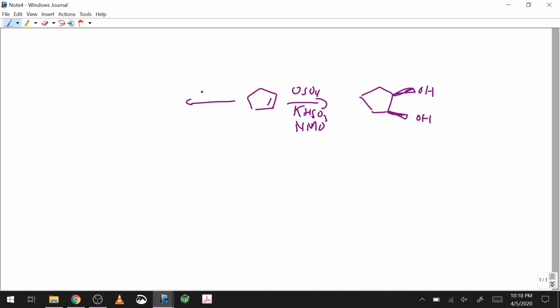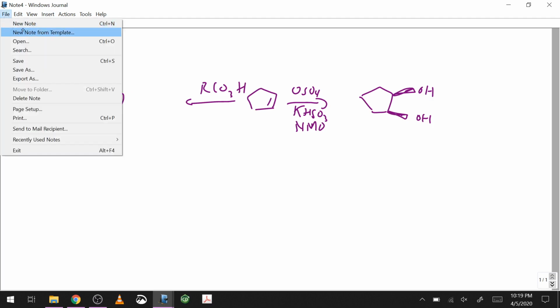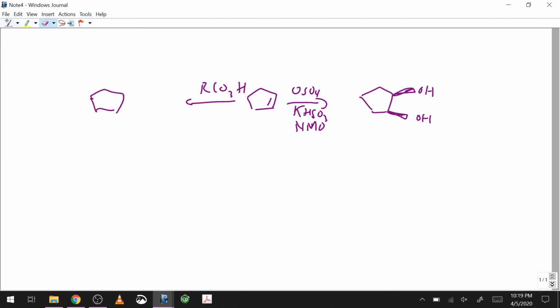If instead I make the epoxide with a peroxy acid, what I get is this. What I get is the epoxide where now one side is effectively blocked. Very similar to what we did with the bromonium ion.